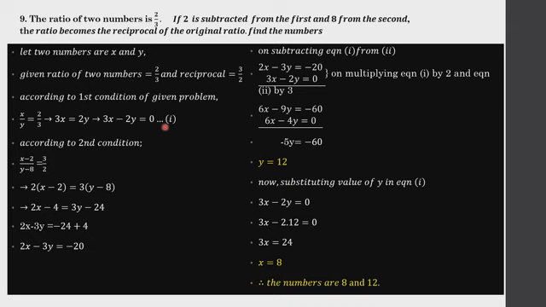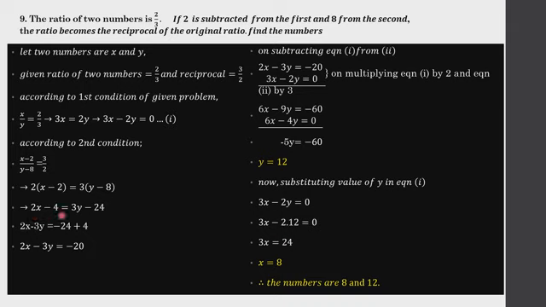Now according to the second condition, if 2 is subtracted from the first, we know the first number is x, so when you subtract 2 from that and 8 from the second, that is y minus 8, your fraction is equal to the reciprocal, which is 3 by 2. On cross multiplying, you get 2 into x minus 2, and 3 into y minus 8.